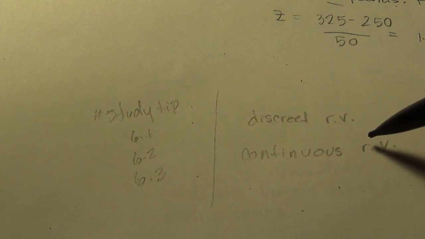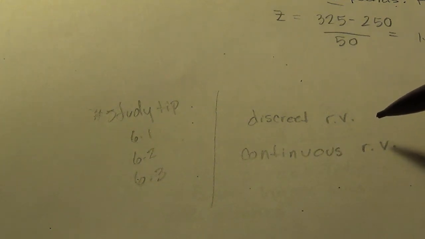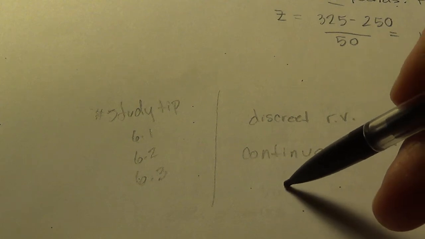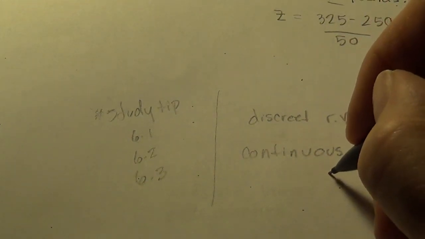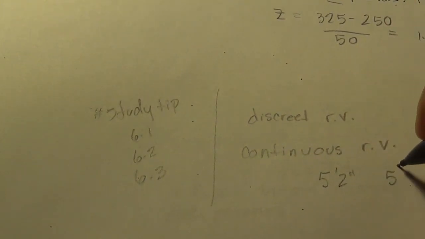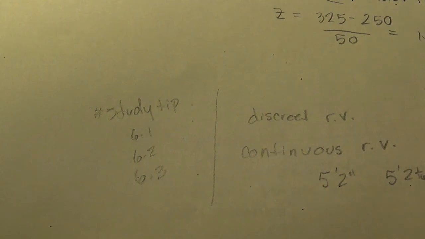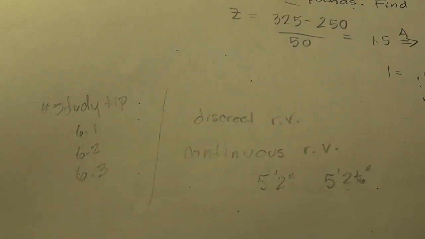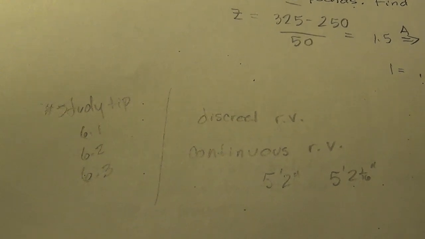A continuous random variable, however, would be something like, let's say, the height of the girls in our class. So there's really an infinite number of heights that you could have, because you could have someone who is 5'2", someone that's 5'2" and 1/16 inch, and so there's an infinite number of possible results when you're looking at heights.